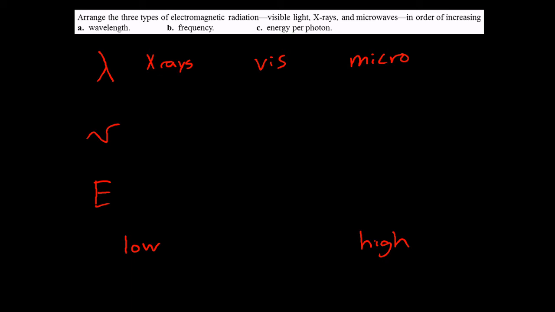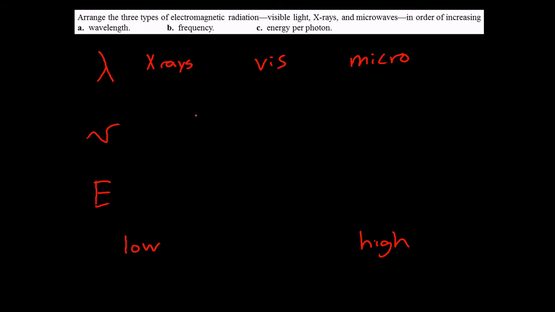So if X-rays have the smallest wavelength, given what we know about the relationship between wavelength and frequency, we can work out what will have the highest frequency. And if you remember, the relationship is that they are inversely proportional. So as one of them goes up, the other one goes down.